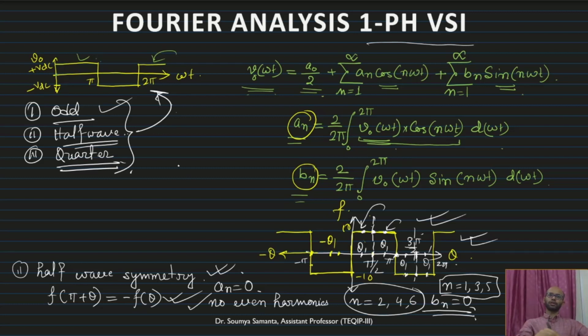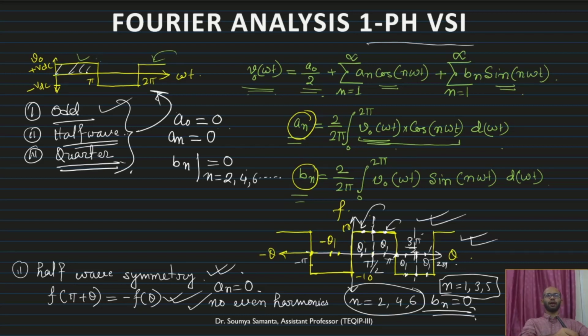So what is the conclusion? The number 1 conclusion we can write is that An will be 0. What about the Bn? We will get Bn only for odd n; for even n, Bn equals 0. What is A0? I have already told you that in this case, if you take the area under this, the positive area and negative area are equal.